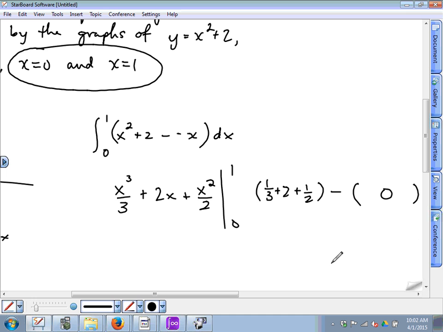I like it when it's easy. 1/3 plus 2 plus 1/2 is 2 and 5/6. This would be 2/6 plus 12/6 plus 3/6, which is 17/6.